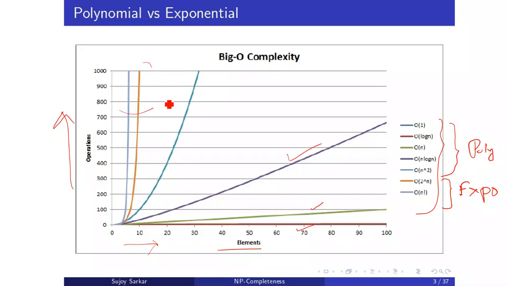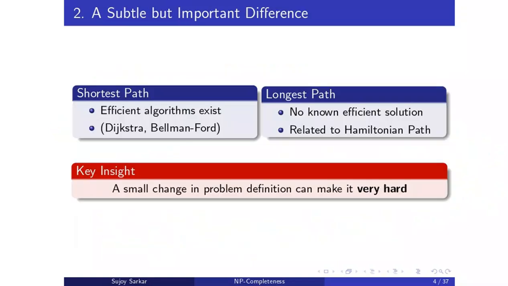But with exponential time complexity, a small increase in the input size increases the number of operations so much. So exponential algorithms may handle smaller inputs, but for large input sizes the number of operations will be very high and a computer will not be able to solve it.